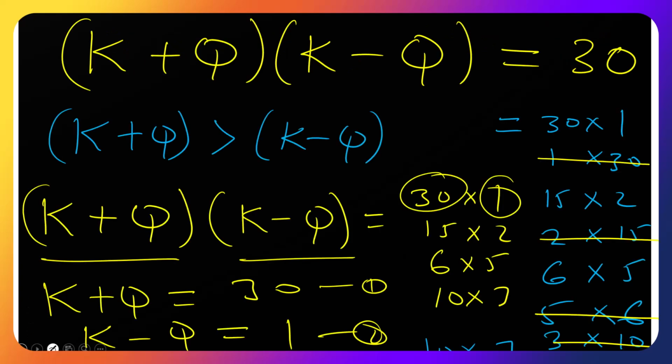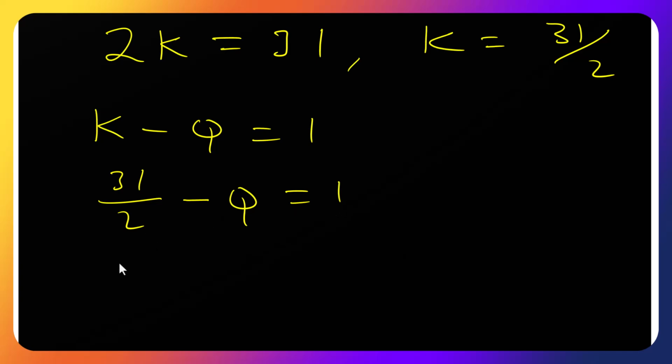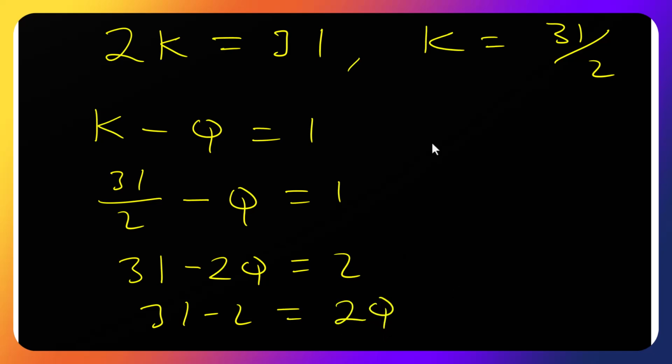So my k, that is the first solution, is 31 on 2. Using the equation k minus q equals 1, k is 31 on 2, so 31 on 2 minus q equals 1. Multiply through by 2. So that will be 31 minus 2q equals 2.